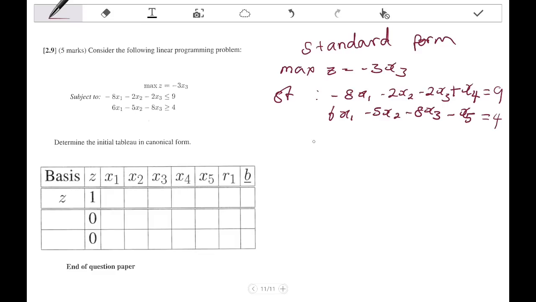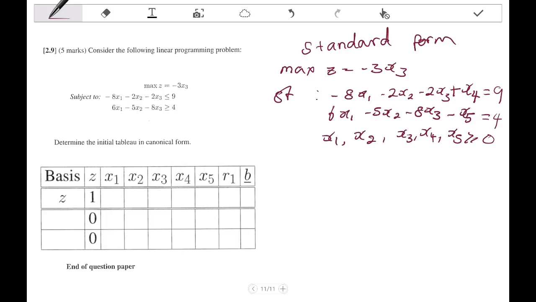Then after that, write the problem in a canonical form. The problem now is in a standard form, but not yet in a canonical form. I will explain why. Here you have to say x1, x2, x3, x4, x5 are all greater than or equal to 0. You restrict your variables.